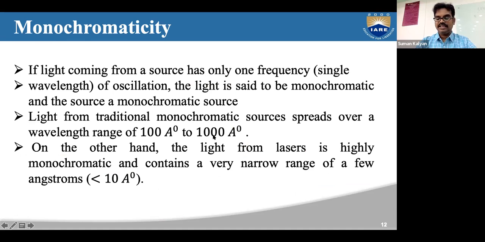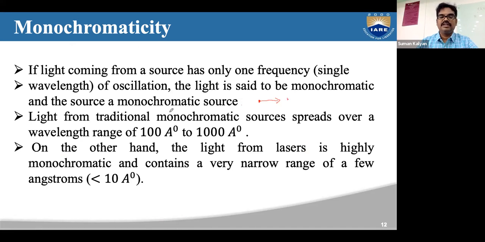The last important characteristic of the laser is monochromaticity. If light coming from a source has only one frequency of oscillation, then the light is said to be monochromatic and the source a monochromatic source. Any source emitting a particular color has only one frequency.